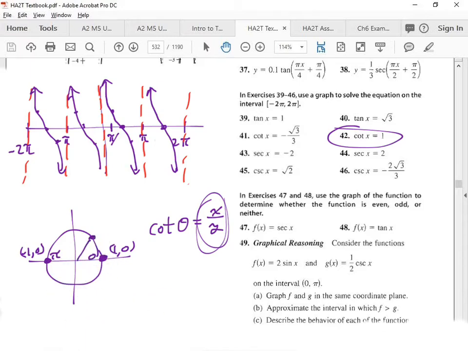Right here, 45 degrees, very good. Or pi over 4, because radical 2 over 2 divided by radical 2 over 2 would equal 1. So right here, we're at 1. And we're at 1 right there, and right there, and right there. Look at all those answers. So pi over 4 is one of them.